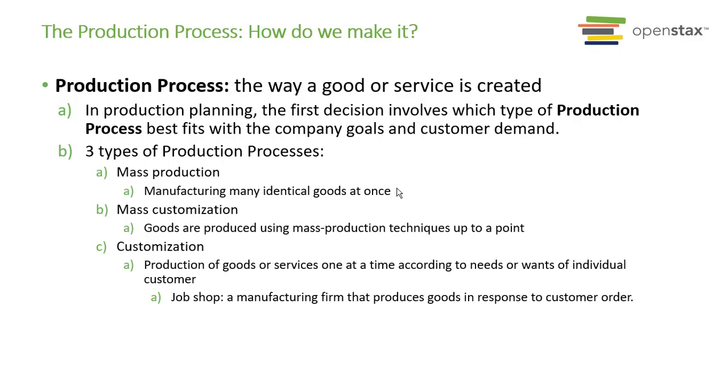One of the very famous examples of a company that's still around and in an industry that's super saturated and products have been commoditized to no end is Dell, right? Dell Computers. And Michael Dell, a while back, the visionary that he is, realized that customizing these production lines was the way to go. And so think about mass customization as, have it your way. So goods are produced using mass production techniques up to a point.